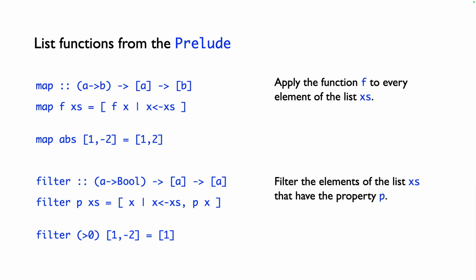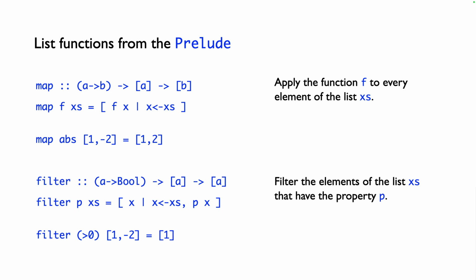So the function encapsulates the idea of doing a test, and you'll either get the result true or the result false. And so we have a property of values of type A. We have a list of A, and it returns a list of A, and what it does is return those x in the original list for which p x is true, those which have the property.